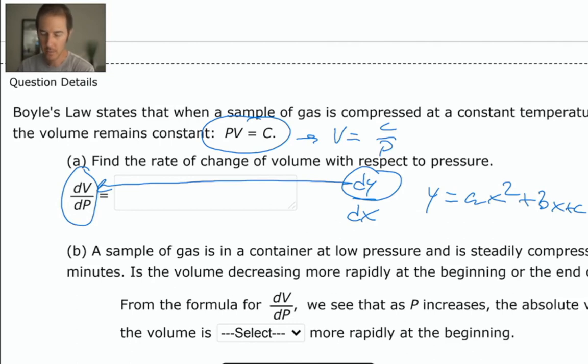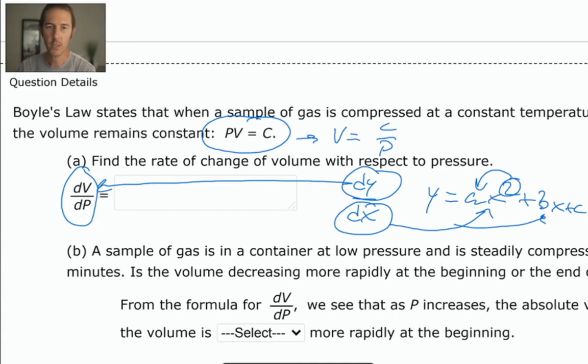Well, we can. When it was dy over dx, my x variable was all over the place on the right-hand side of my equation, and I would take my exponent and multiply it by whatever number a was. A is a number. In this PV equals C equation, in Boyle's law, we're taking the derivative of V, which is good.